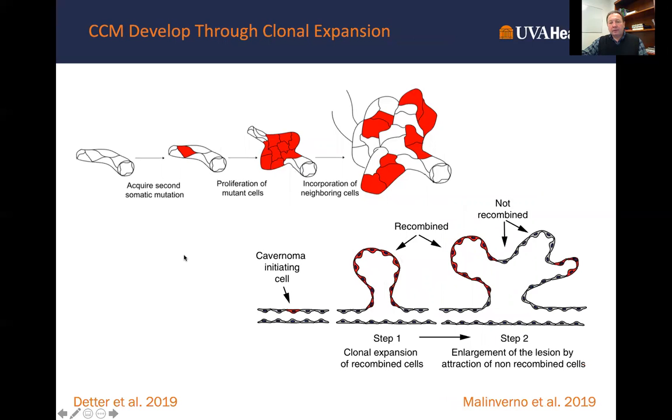Recently, two publications shed light on the mechanism of formation of the CCM. One paper by Malinverno and others from the Dejana group in Italy, and the other publication by Detter and others from the Marchuk lab.